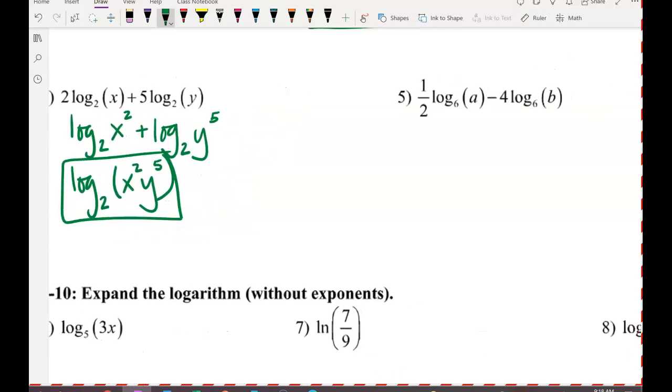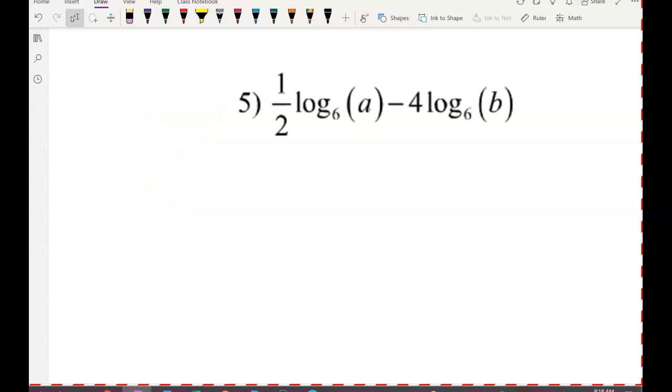All right. 5 halves times log base 6 of A, take away 4 times log base 6 of B. Tell me, step number 1. What should we do? Jackson, tell me step number 1, please. Log base 6 of A to the power 1 half.